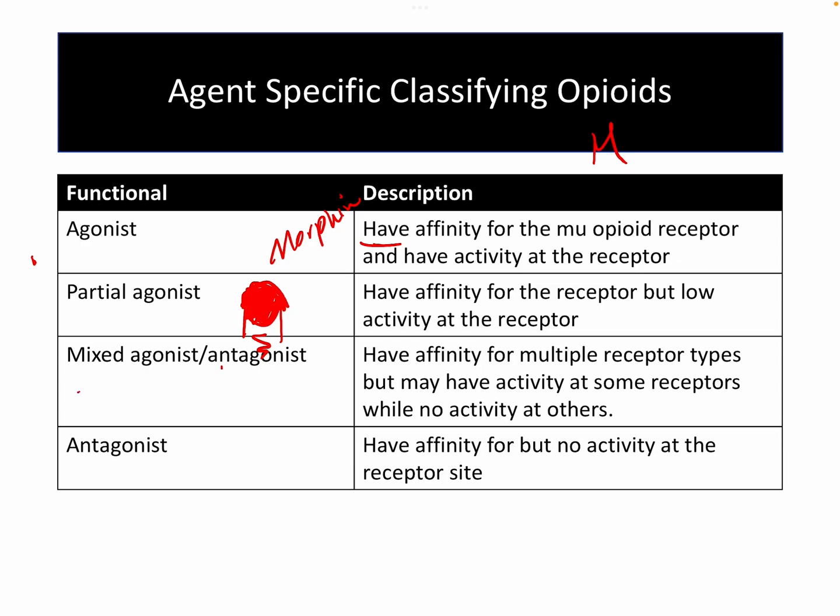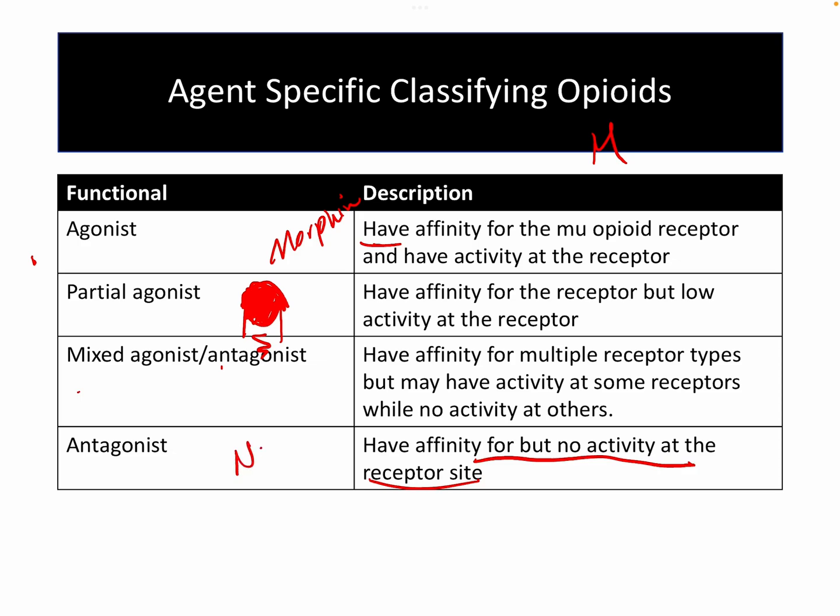Your mixed antagonist-agonists are ones that have different actions at different receptors. So you do have other types of opioid receptors. You have the mu opioid receptor, the kappa opioid receptor, and the delta opioid receptor. So these are agents that may have agonist effects at the mu opioid receptor, but antagonist effects at other receptors. And then pure antagonists have affinity, but no activity.